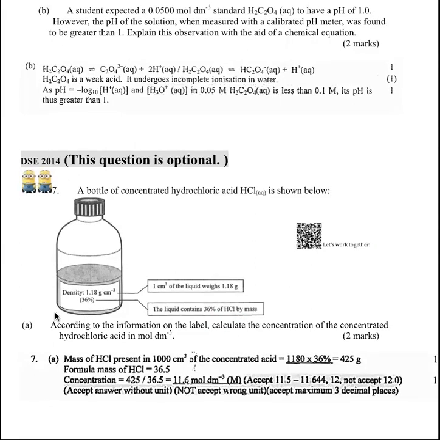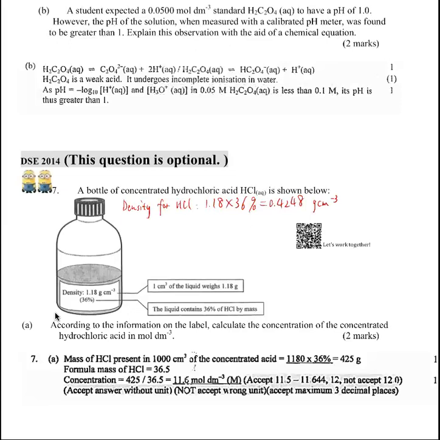By using these two pieces of information, we can work out the density of HCl in it. It will be 1.18 times 36%, isn't it? If we put it into the calculator, we get 0.4248, and it will be the same unit as the previous one, gram per cm cube.